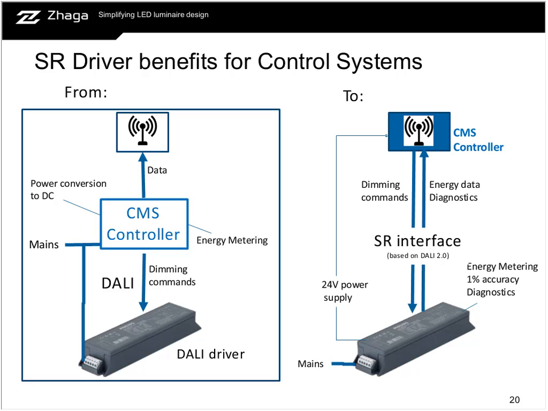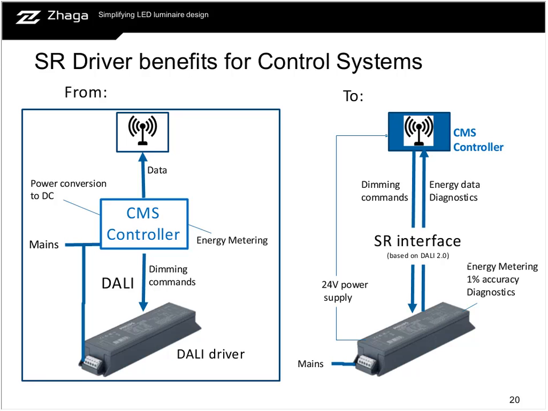At this moment, the energy metering is done in the controller, and the dimming commands come from the controller towards the DALI driver. At the right-hand side, you can see the proposed SR interface, which is based on DALI 2.0. The energy metering with 1% accuracy plus the diagnostics is inside the driver.